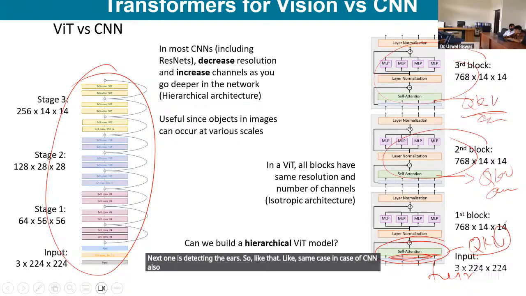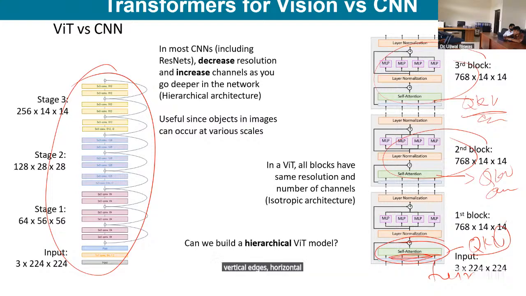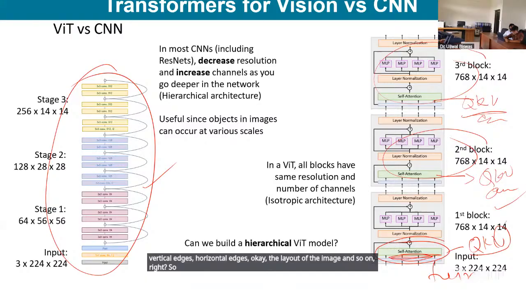If you visualize the filters of a CNN, the features that it captures, you can see that it is sometimes detecting the vertical edges, the horizontal edges, the layout of the image and so on. Similarly, our vision transformer will also try to achieve that.